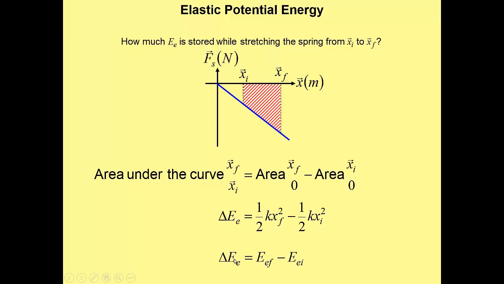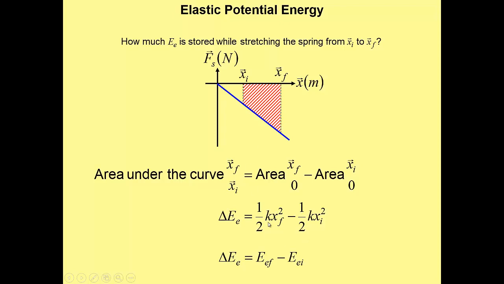That's how you find the change in anything. You take its final value and you subtract off its initial value. So this allows us to find this just by doing two triangles, instead of doing, I don't know, a trapezoid or something like that.